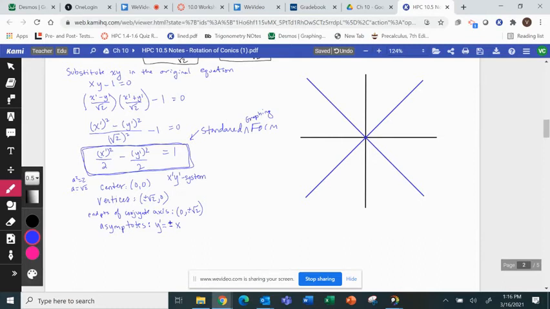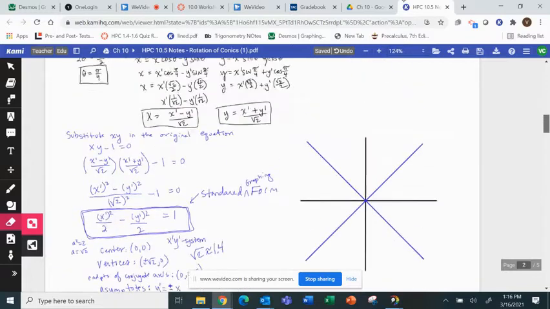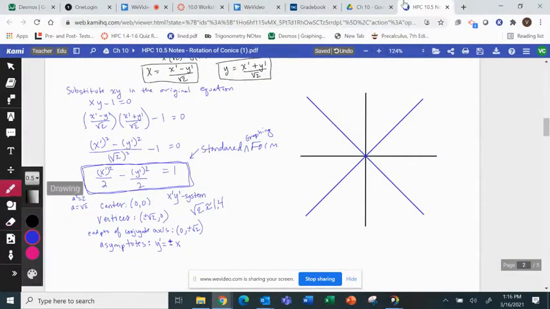Okay. So my vertices are at plus minus square root 2, which is approximately 1.4. So what I'm going to do, oh, let me label this too. Let's see, the x-axis, the y-axis, and then this will be x prime, and this will be y prime.